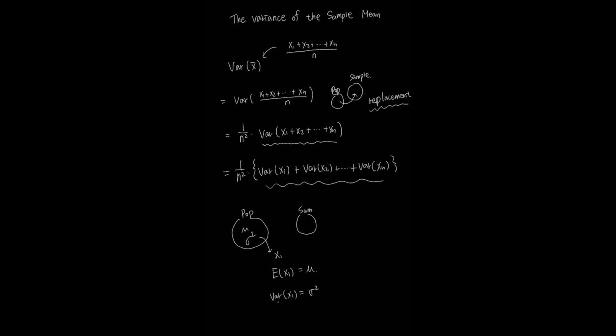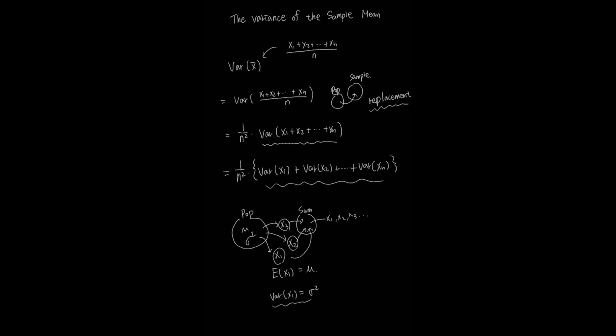It's always the same when we pick x2 and x3: one element picked from the population and put into the sample, x1, x2, x3.